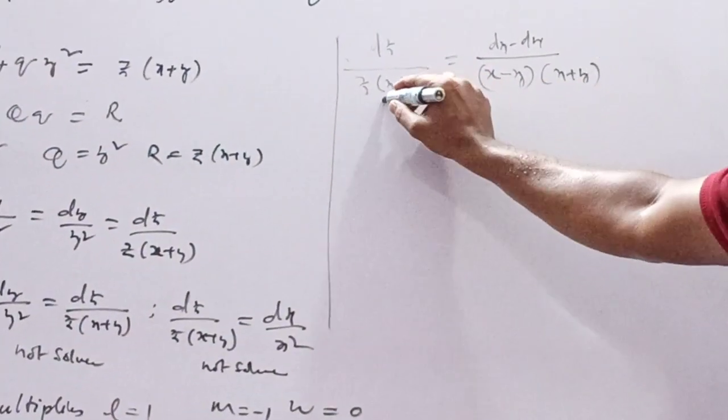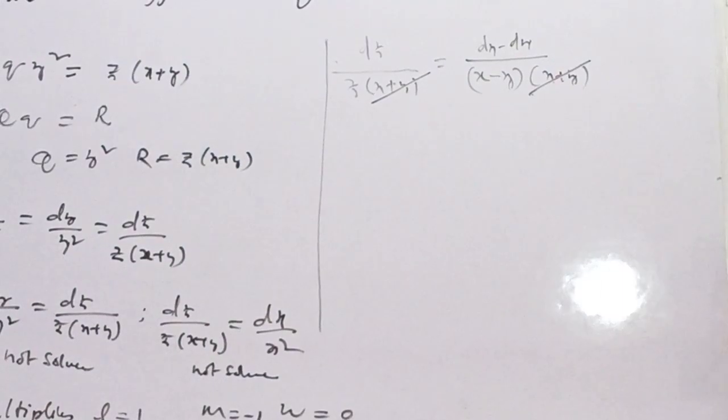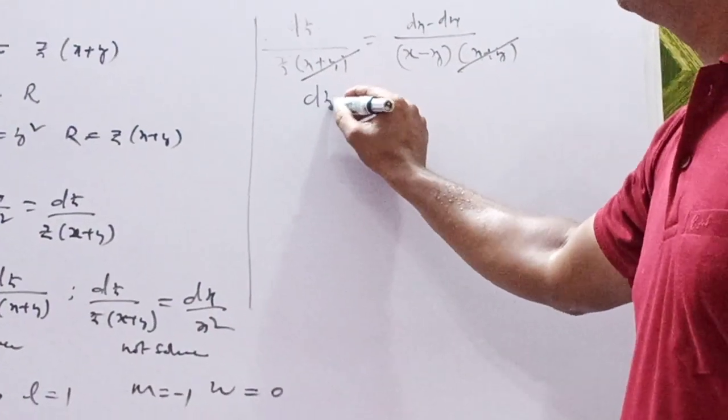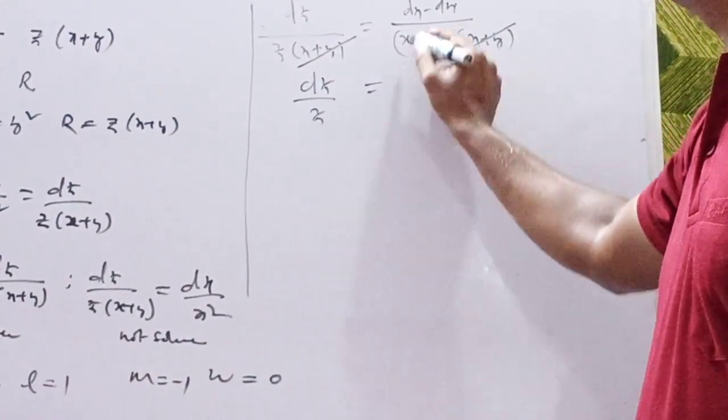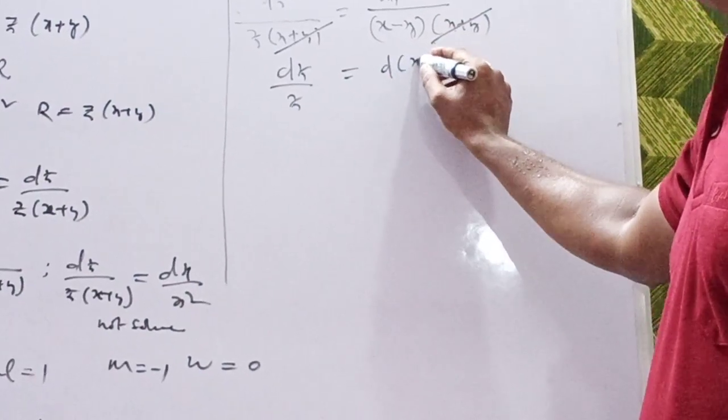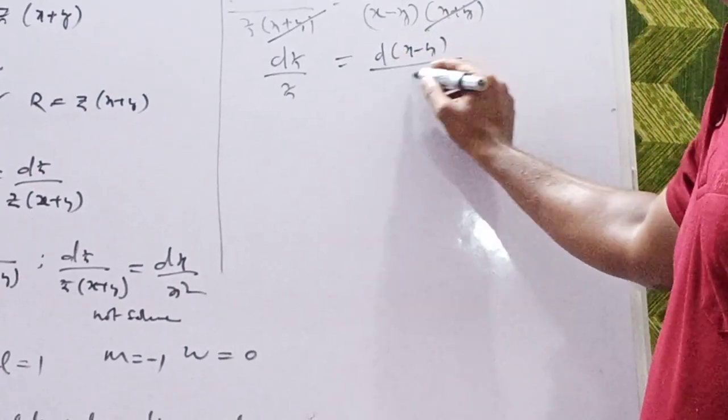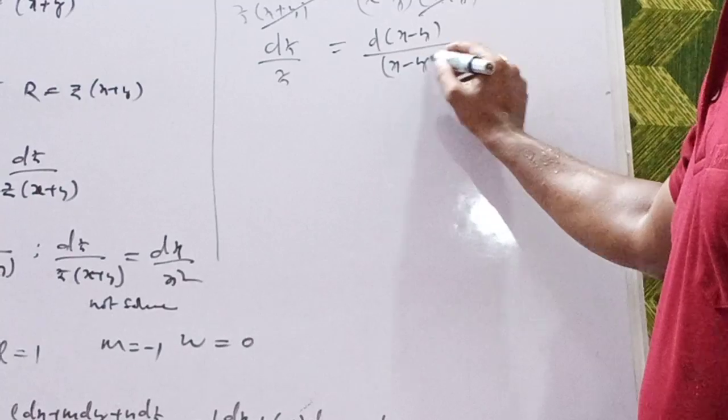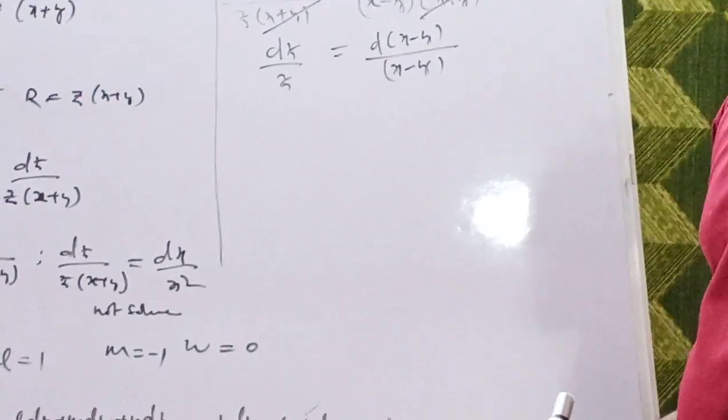Again you observe x minus y gets cancelled. So dz by z equal to d of x minus y by x minus y. So it is integrable, so it is solvable.